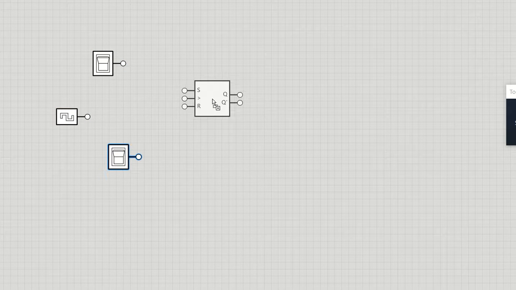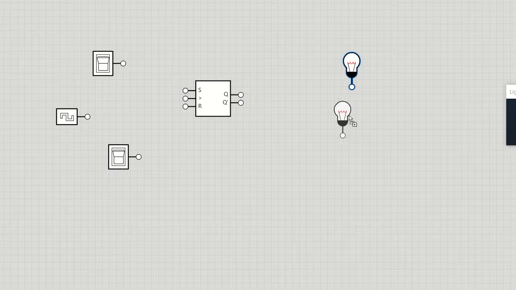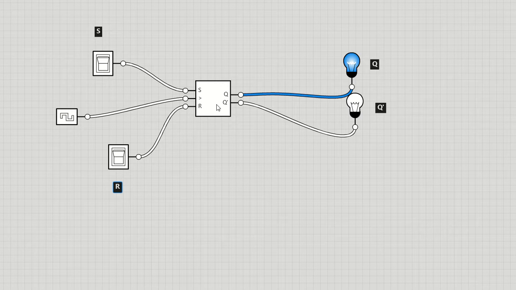We can see the demo for SR flip-flop. The circuit is designed successfully.